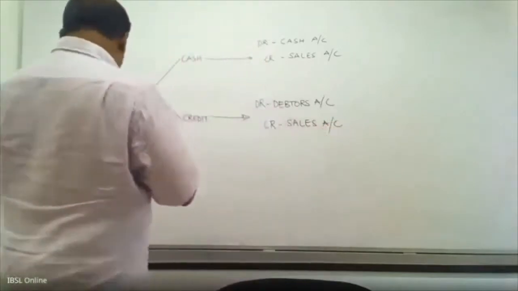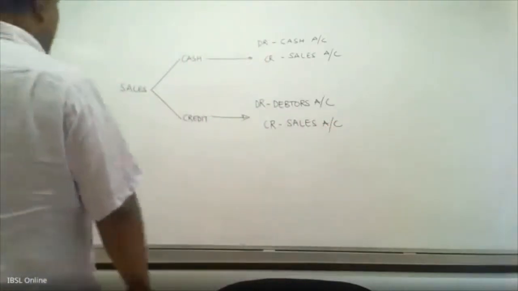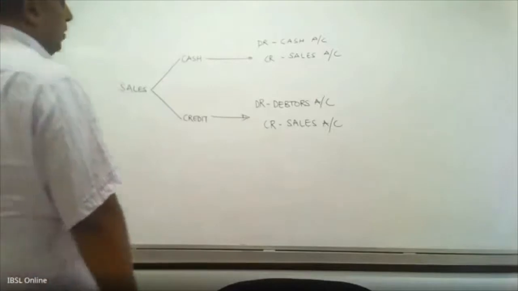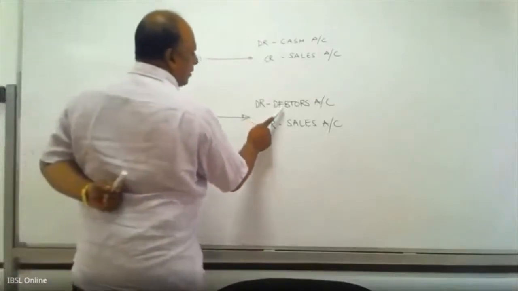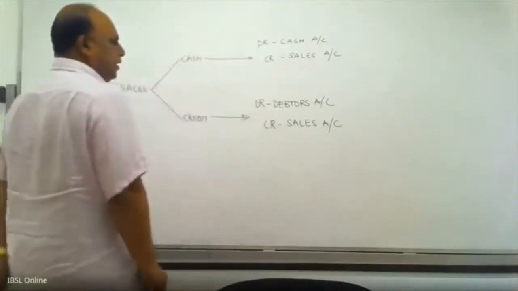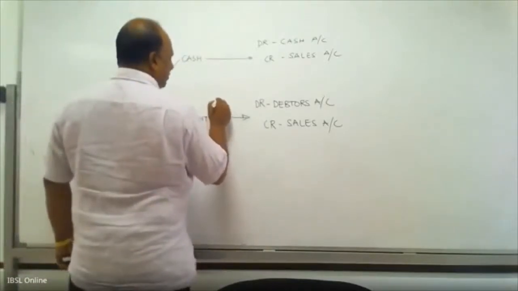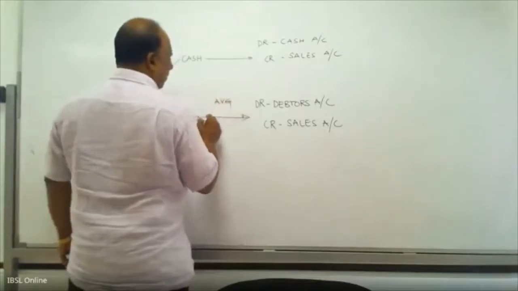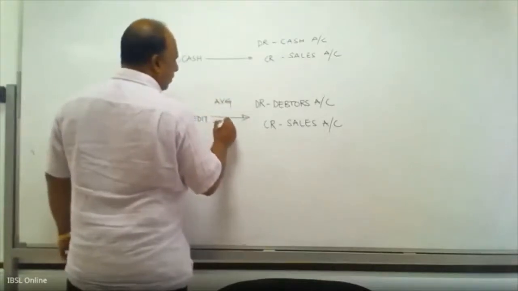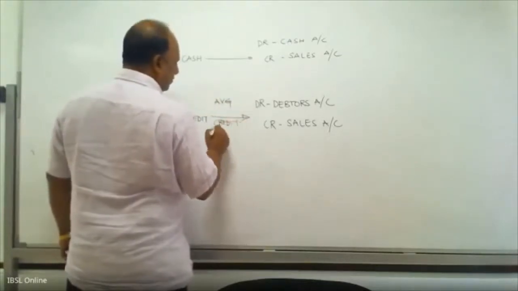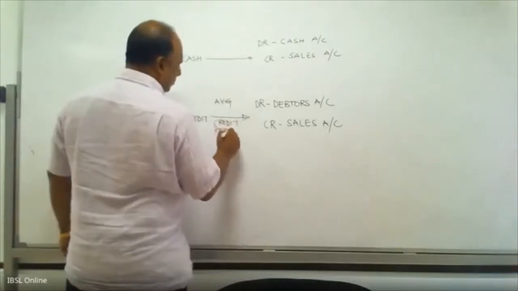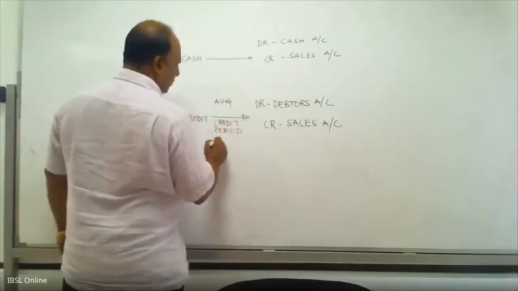So which means now you have sold your goods and you have given a credit period. So let's assume on average you give a credit period of 60 days.